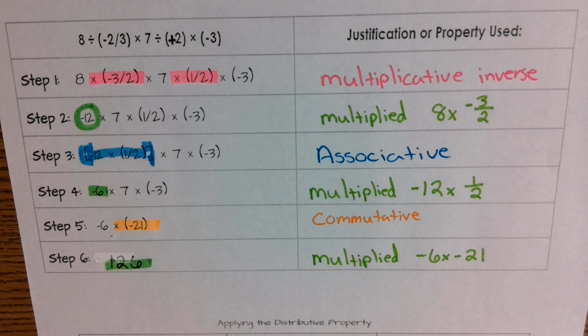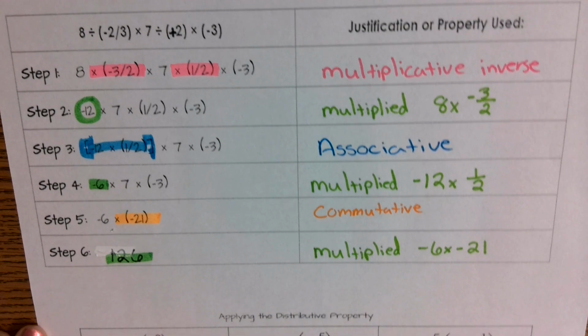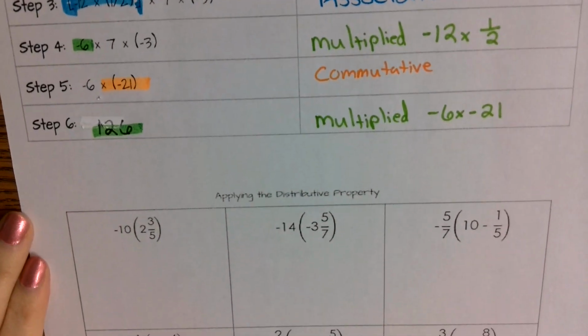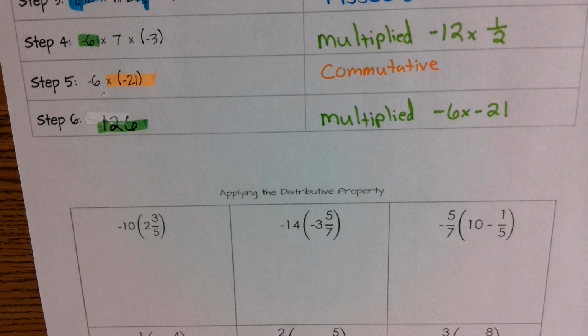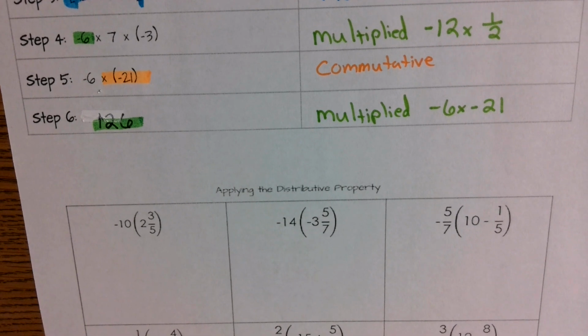Okay? All right, so let's take a look now at the bottom set of problems where we're going to be using the distributive property. Now, it might not look like distributive property for these first two, but we actually are going to showcase distributive property because remember last week we learned, in fact, let me see if I can pull up the notes from last week.